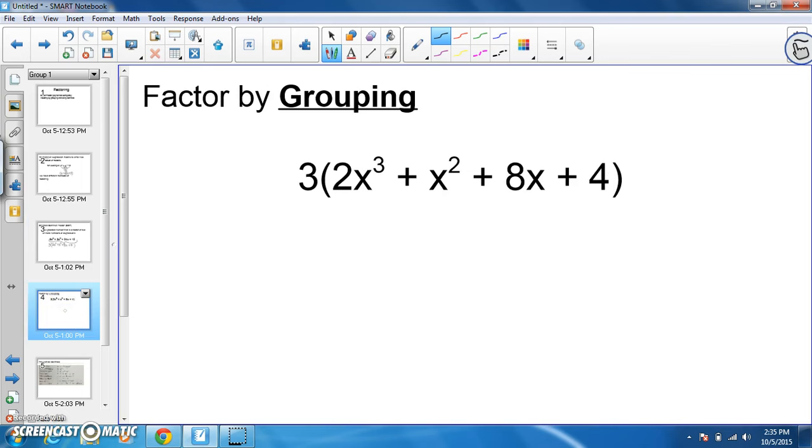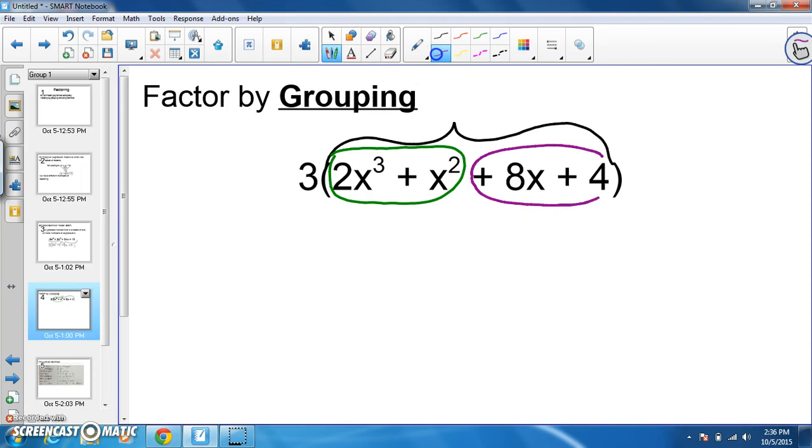If we're factoring by grouping, we're going to continue that problem we were just working on, and we are going to take what is inside of our parentheses and split it up into pairs that have greatest common factors. So we're going to rewrite this, grouping 2x cubed plus x squared and grouping 8x plus 4.